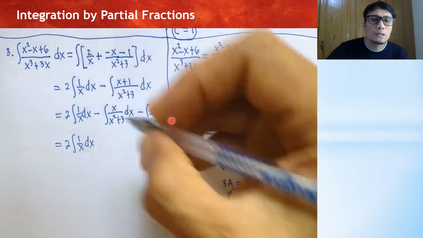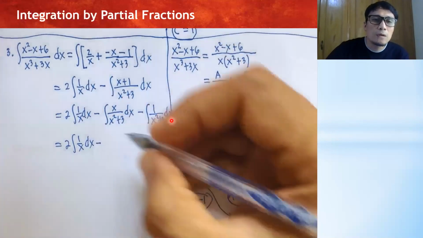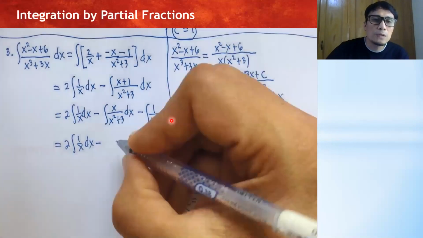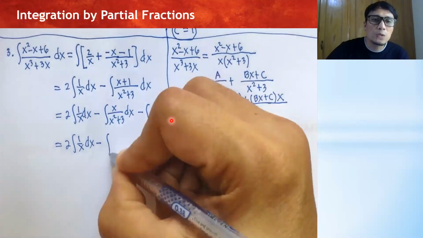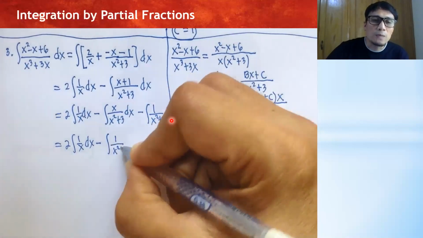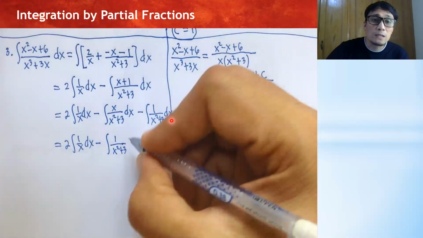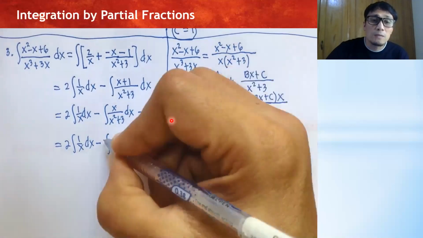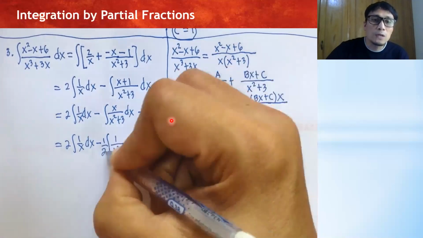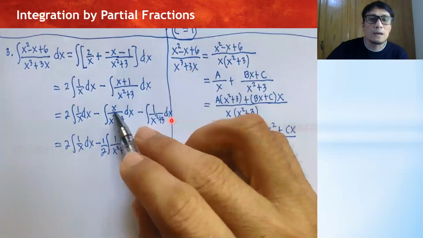Okay, this one here, look at, if this is your u, the derivative of that is 2x, right? So I think let's write it as 1 over x squared plus 3. And then the derivative of your u, the denominator, is actually 2x dx. But we don't have 2 there originally, so we multiply outside with 1/2.